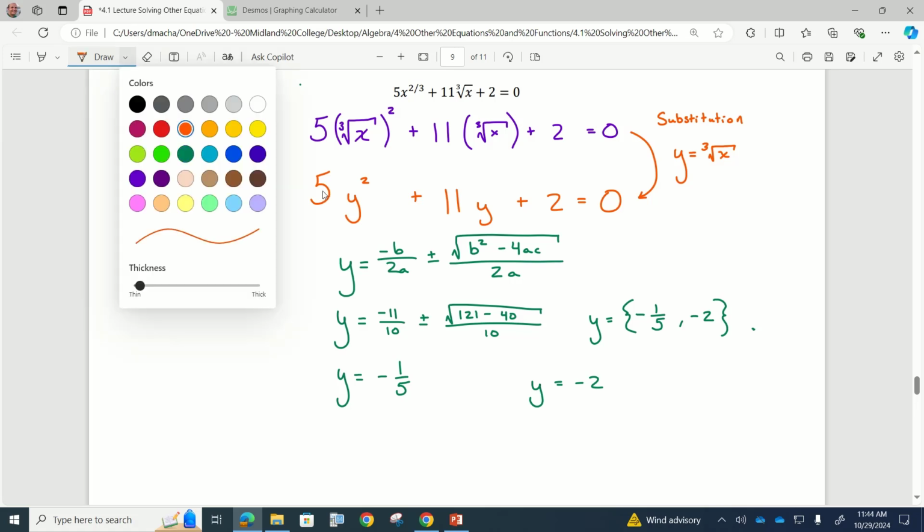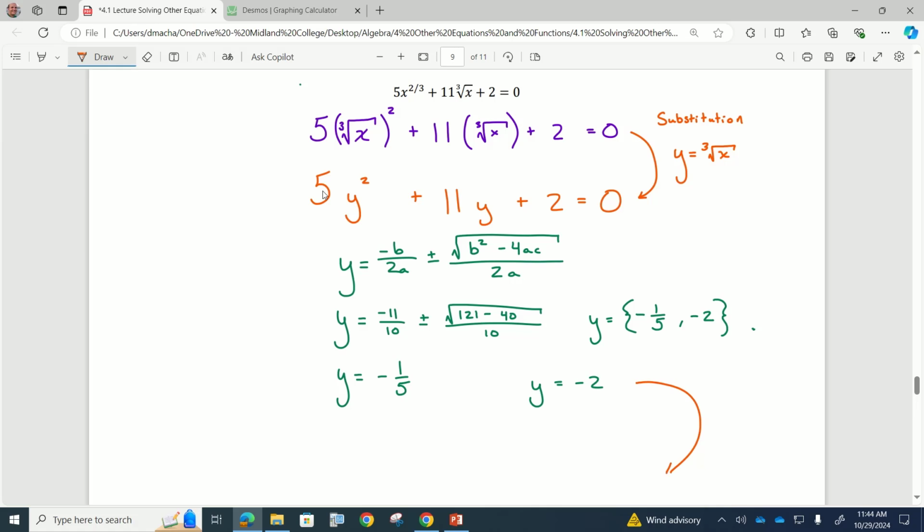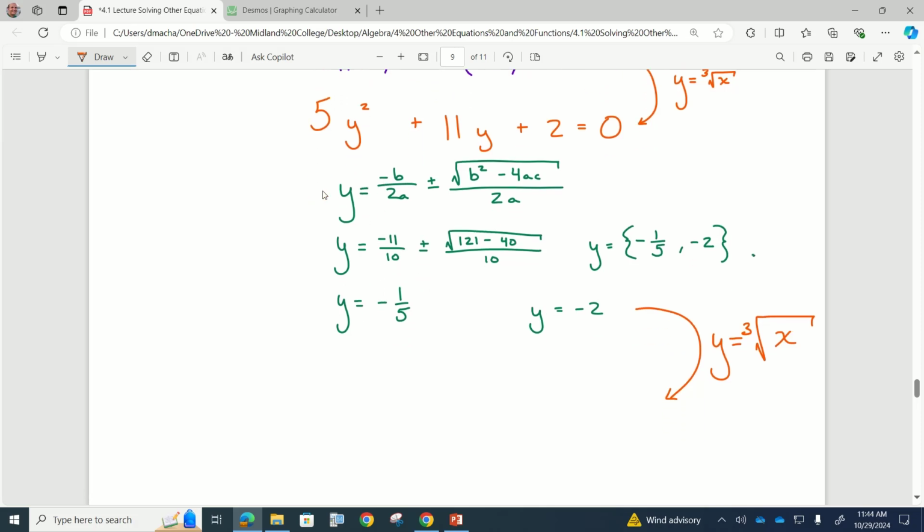The connection here between these answers and the answers I really want is that I defined y equals the cube root of x. So I'm not done yet. To connect this back to the real solutions that I actually want, I have to replace the y's with the cube root of x. And I'll write cube root of x equals negative 1/5, and the cube root of x is equal to negative 2.